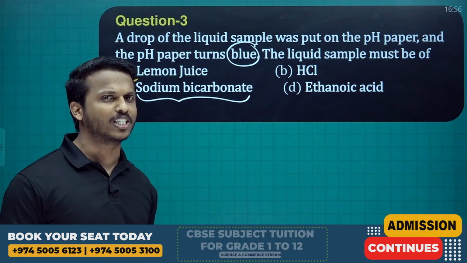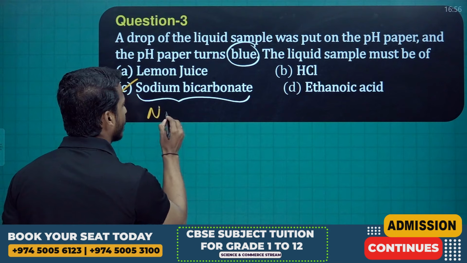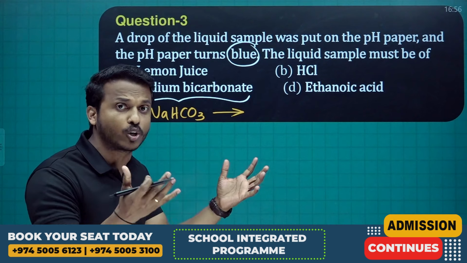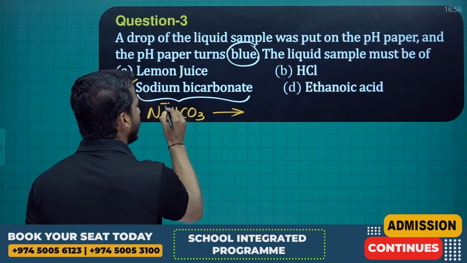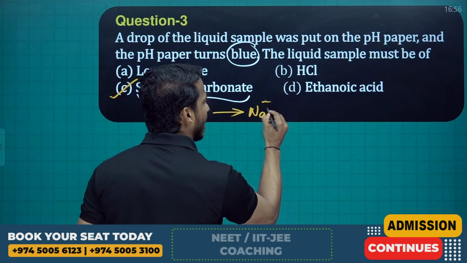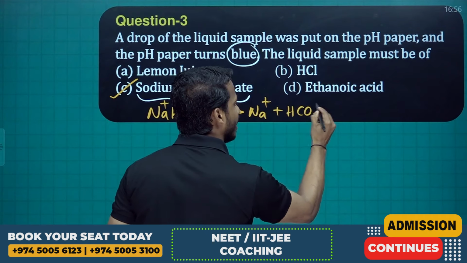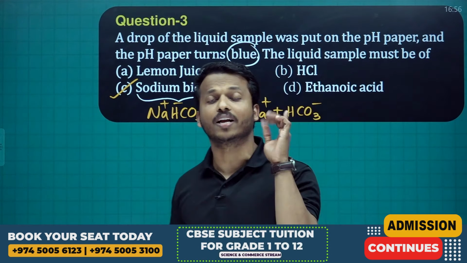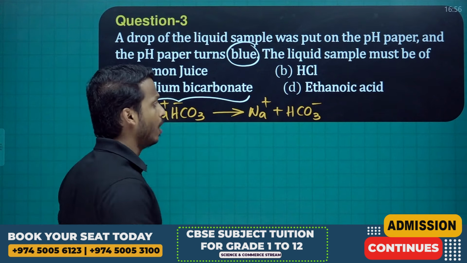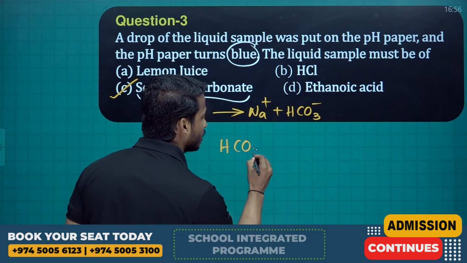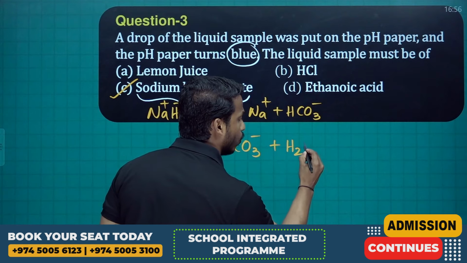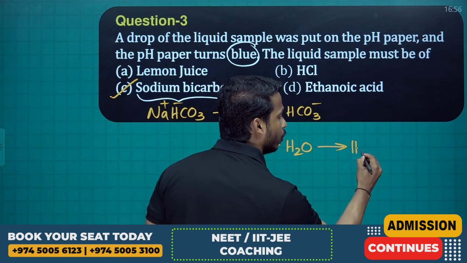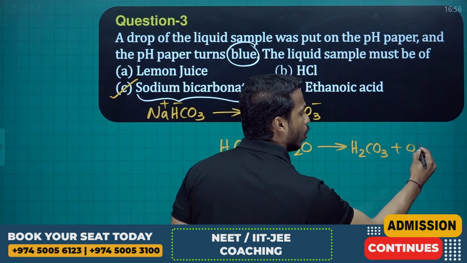Why is sodium bicarbonate basic? Let me tell you, my dear. Sodium bicarbonate, NaHCO3. When sodium bicarbonate breaks up, what ions can form? It contains Na+ and HCO3-, that is the hydrogen carbonate ion. This HCO3-, when it reacts with water, forms H2CO3 and OH-.